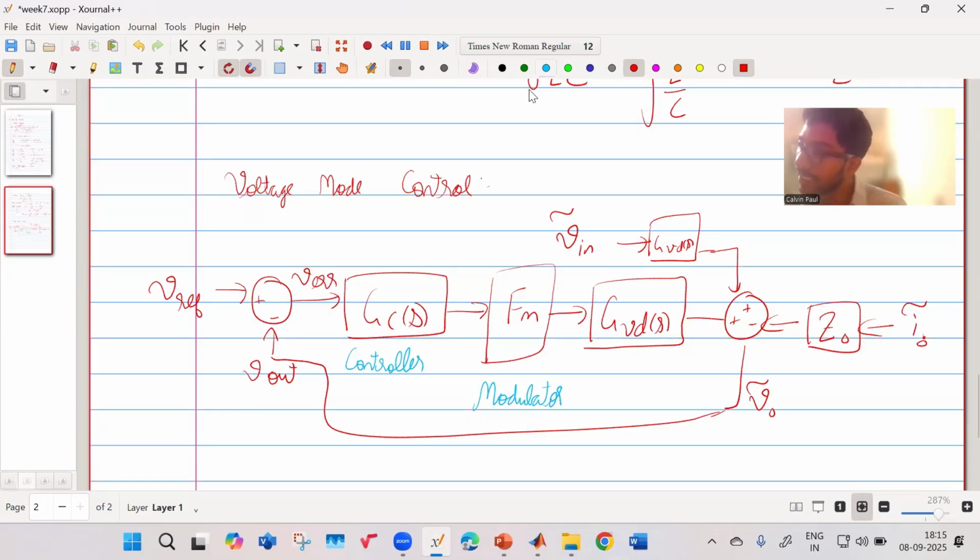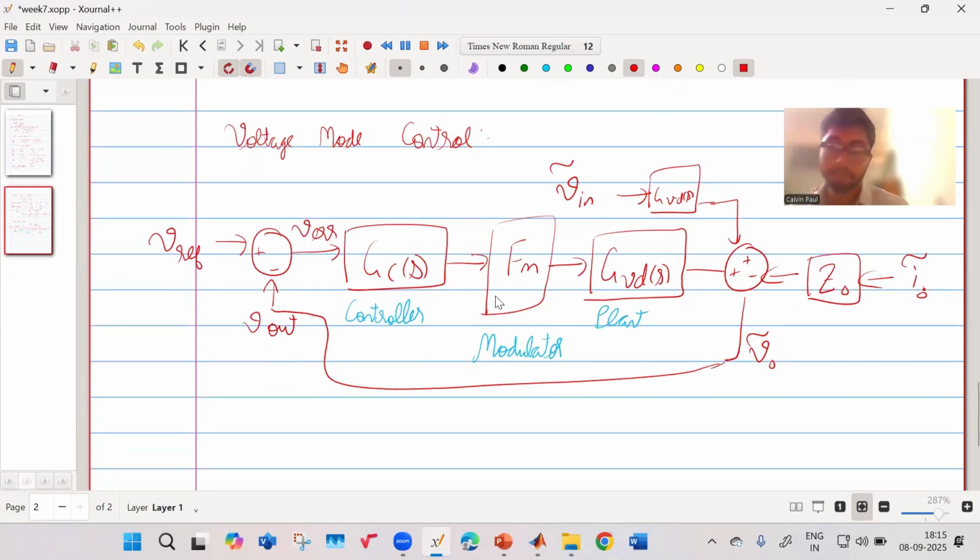So in this case, what do you think is the loop? So this is your plant. So what is the loop in this case? GC into FM into GVD divided by 1 plus GC into FM into GVD. That is for the overall closed loop. But your loop, that is your L of S, is just this.